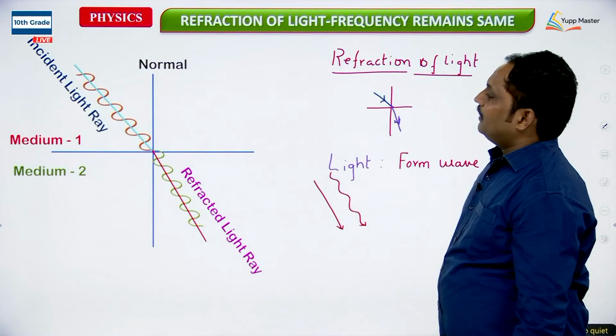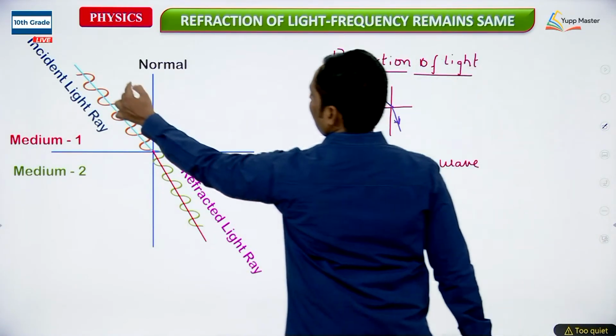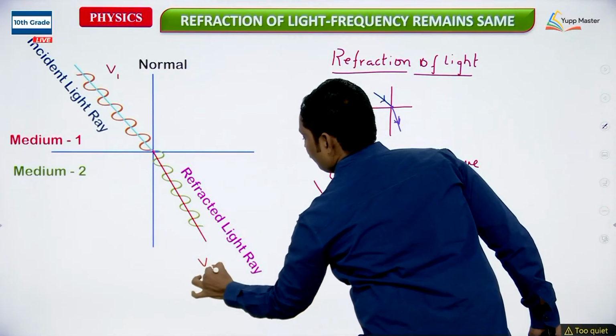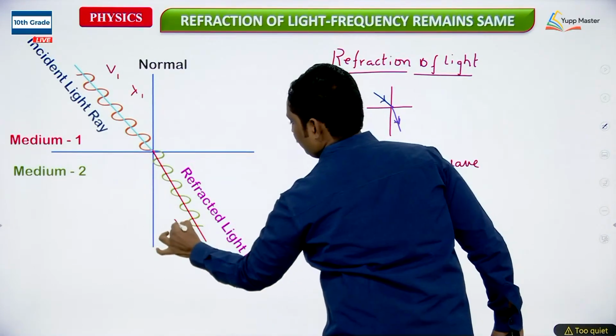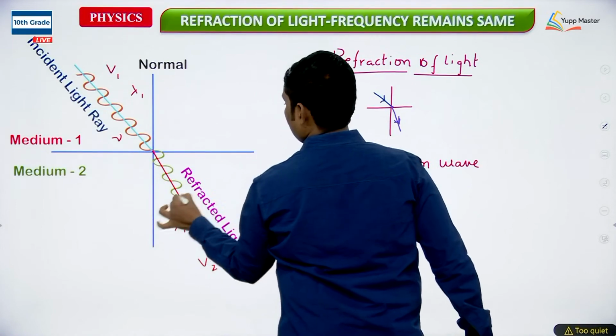That is medium 1 and 2, you will identify that this is V1, V2, lambda 1, lambda 2, but you will take nu and nu.